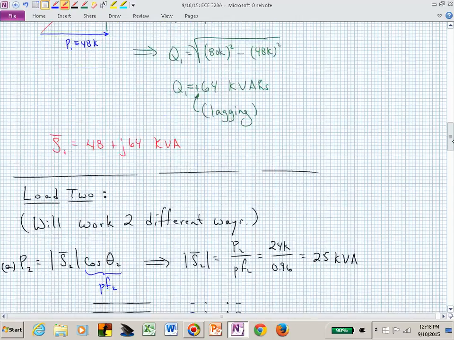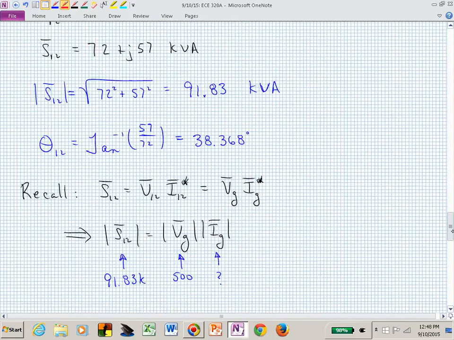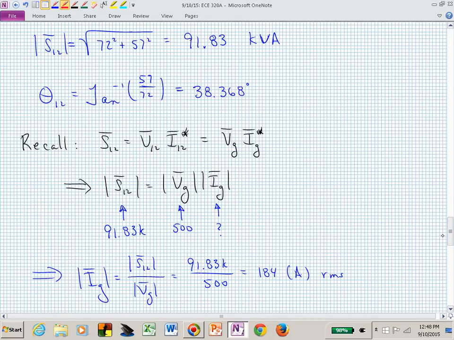And we can find its magnitude by using that formula for complex power. S is just V I star. And if that's true, we can take the absolute value of both sides, and the absolute value of a product is the product of absolute values, which now allows us to find the magnitude of that current that's being demanded by those two loads.